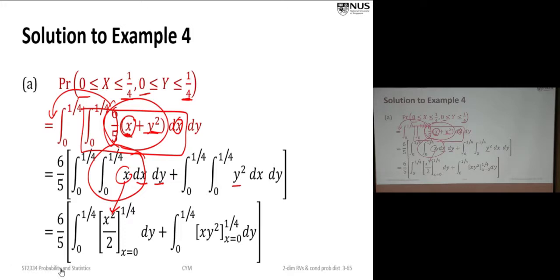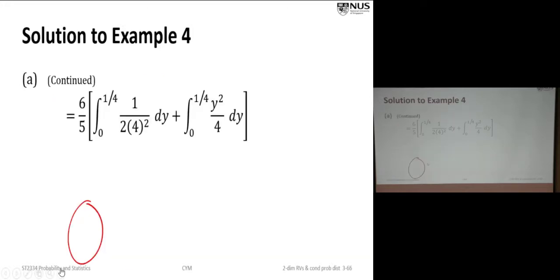And substitute x, because we're talking about integration of x, so x equals 0 up to 1/4. Similarly, when I integrate y squared, treat this as a constant, so it's y squared times x. And then substitute x equals 0 to 1/4. So now I substitute x equals 0, substitute x equals 1/4 into this expression, find the difference, and so on. So I got this line. All right.